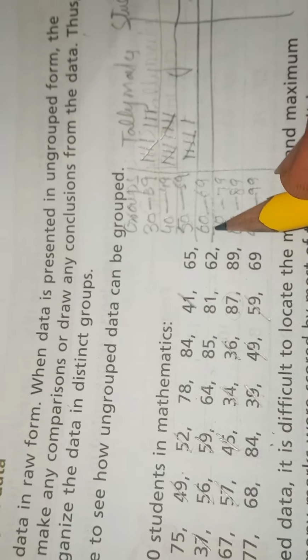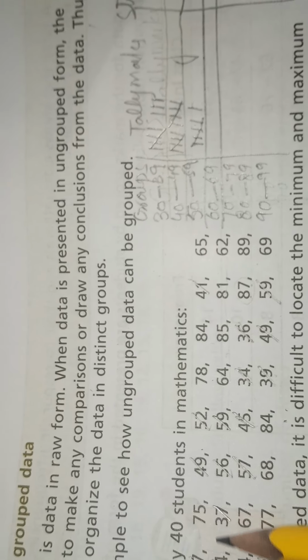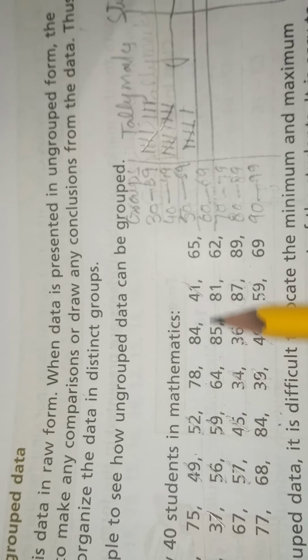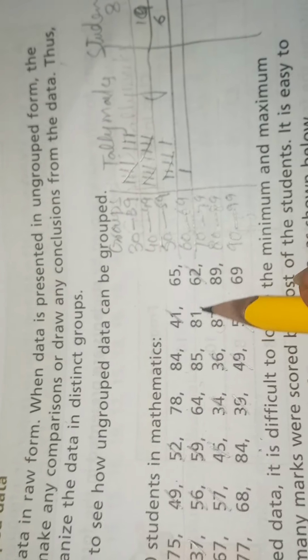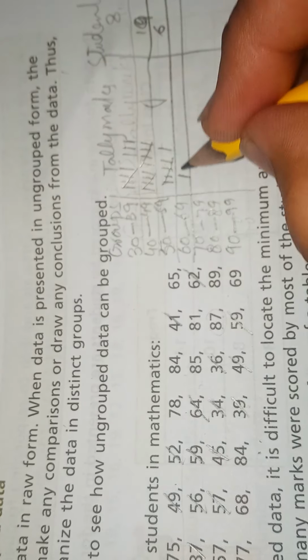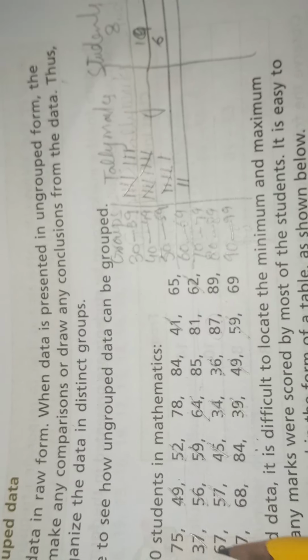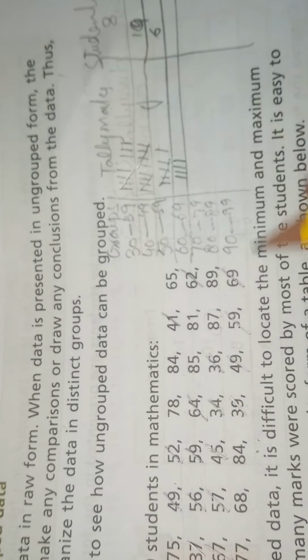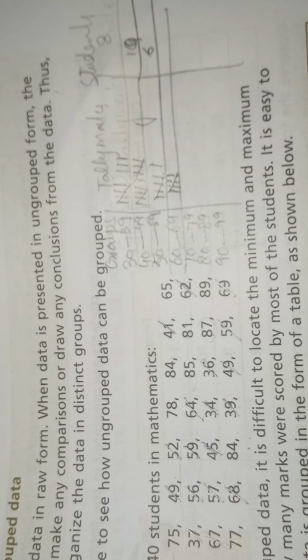Now our next limit is 60 to 69. From 60 to 69, starting from this, 1, another one, another one, fifth one.